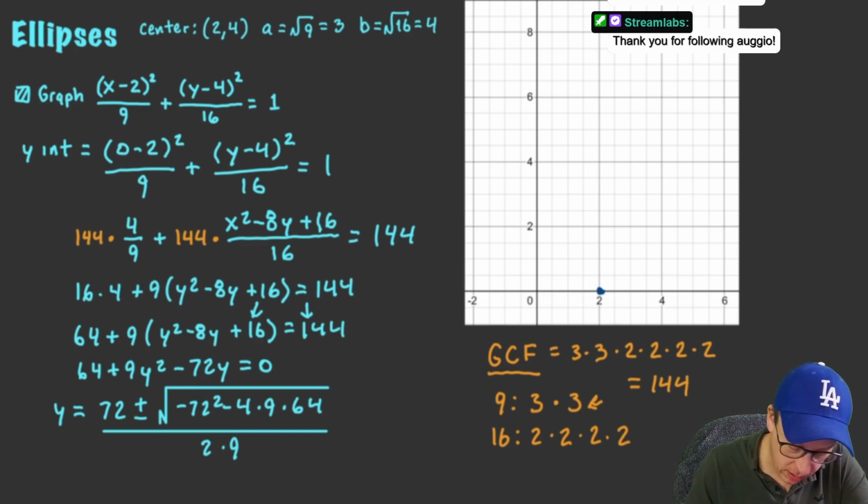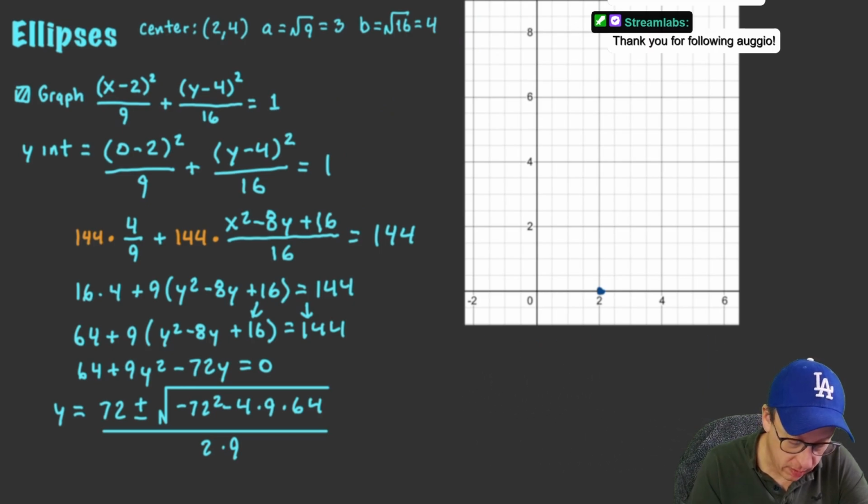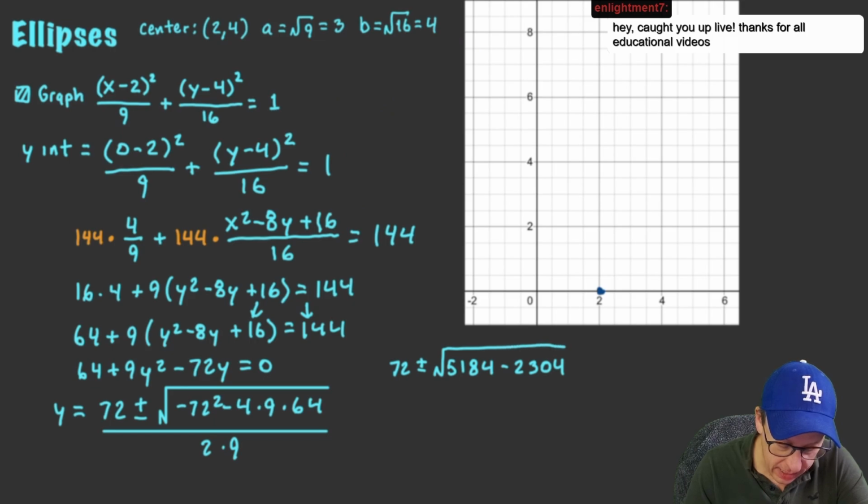And I think I can get rid of this to give myself some more real estate to figure these all out. So this is going to end up being equal to 72 plus or minus 5,184 minus 2,304, and we'll get the square root of that.